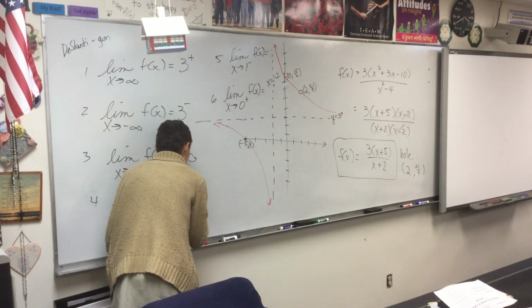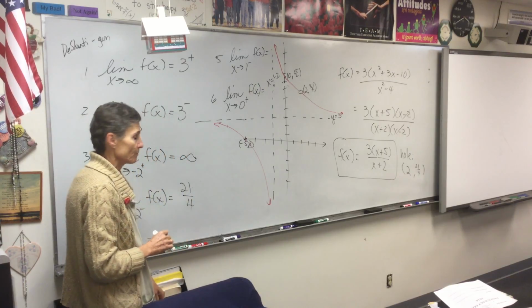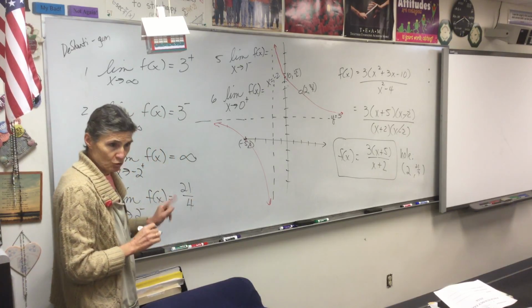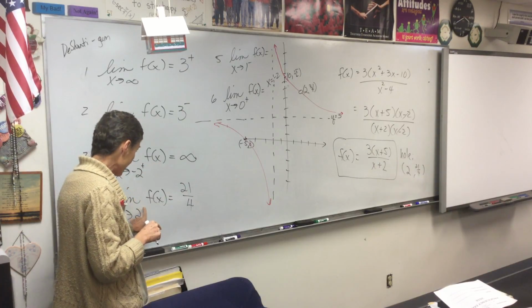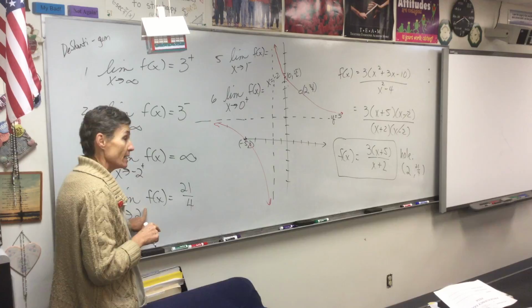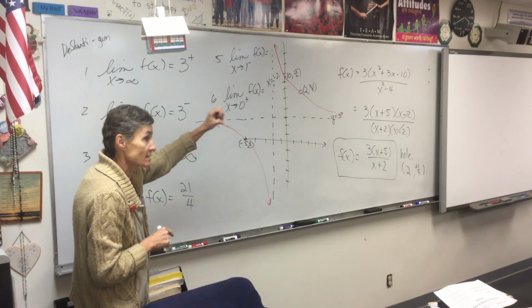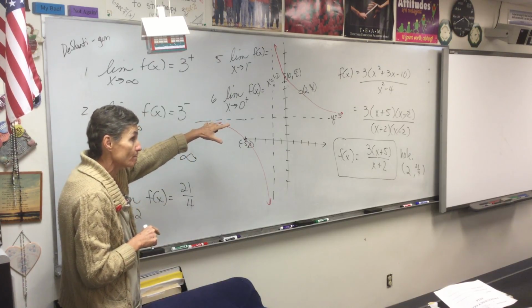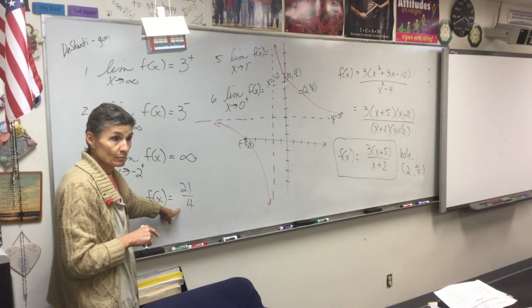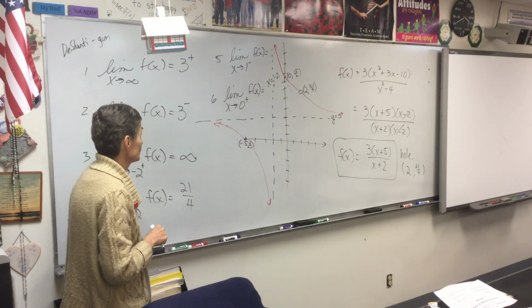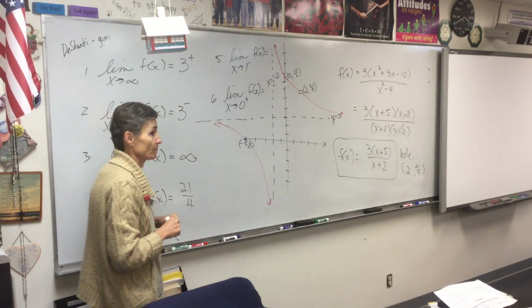When you approach a point, no matter which direction you're coming from, you can ignore this because x equals 2 is a point. It's an open point, but it's still a point. So the limit's going to be the y value. Okay?